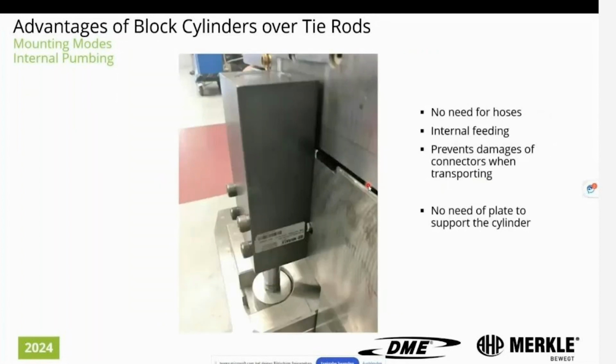As you can see here, also we have the parting line here with the tool open, but the block cylinder is attached to the core plate, and we don't have to do any additional plates to be able to fix or to assemble the cylinder.